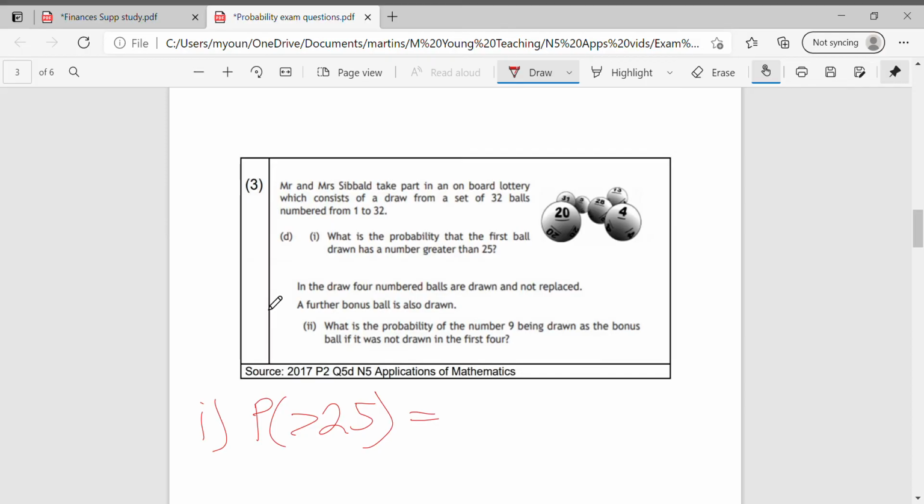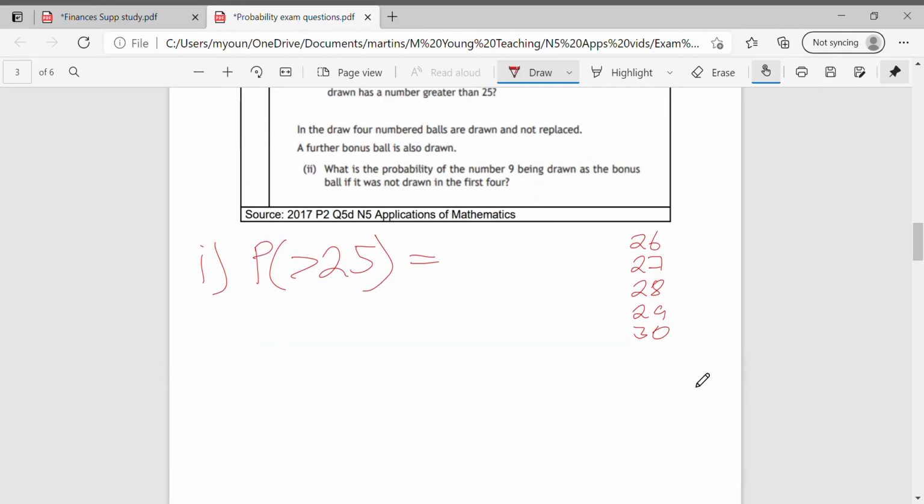So it's a probability that we're getting a number greater than 25. Well, if it's numbered from 1 to 32, how many numbers are greater than 25? Well, obviously there's 26, 27, 28, 29, 30, 31 and 32. Okay, so that's 1, 2, 3, 4, 5, 6, 7 in total.